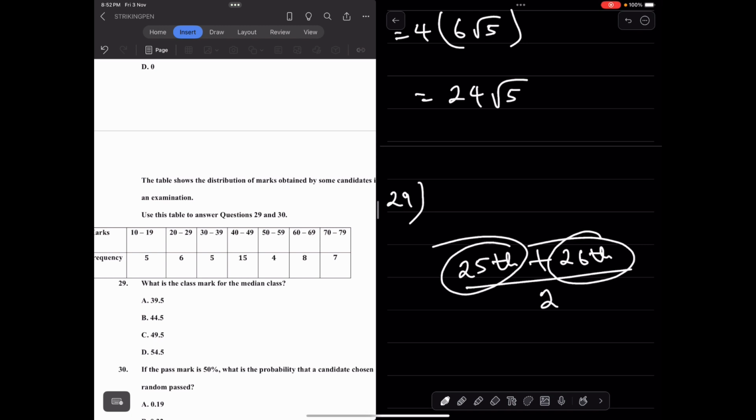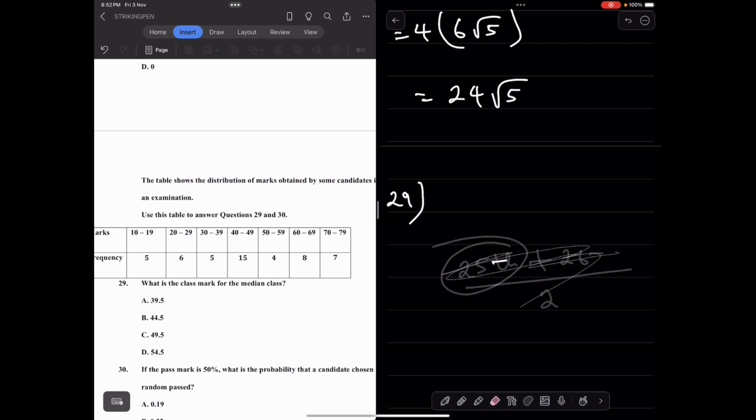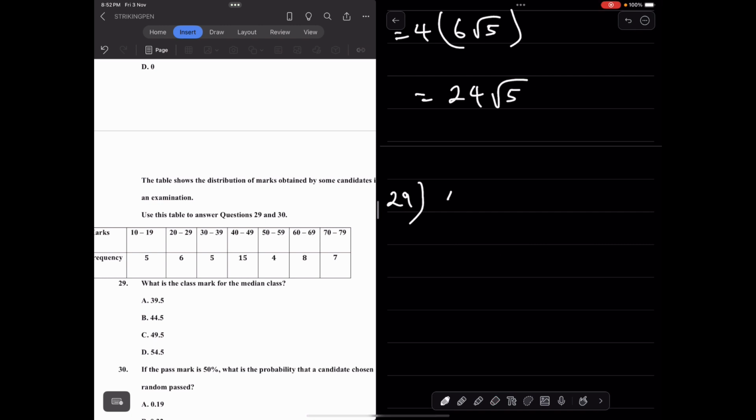Okay, 10 to 19 is 5, 20 to 29 is 6, that's 11, 30 to 39 is 5, that's 16, 40 to 49 is 15, that's 41. So the 25th score and the 26th score fall in the class 40 to 49, and that simply means the median class is 40 to 49.